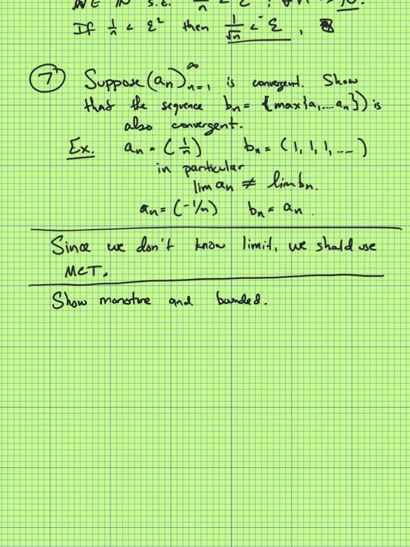Okay? So the first one, monotone, is luckily quite easy, right? Since the max of a1 up through ak is strictly less than the max of a1 up through ak plus 1, we must have that the b sub k's are monotonic, right?